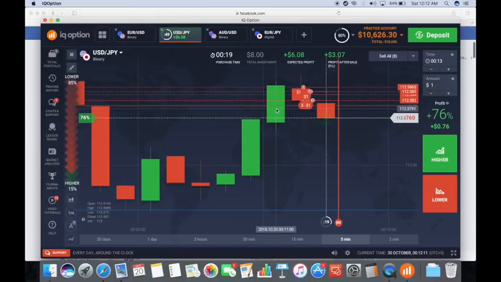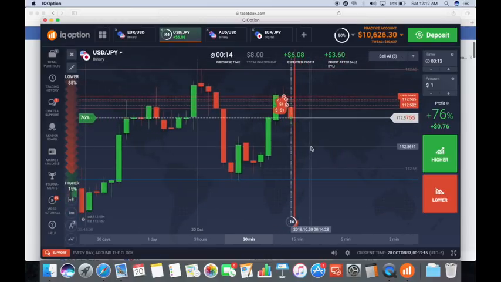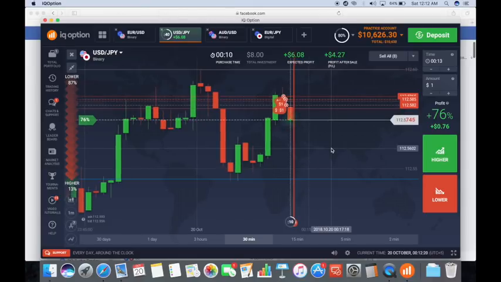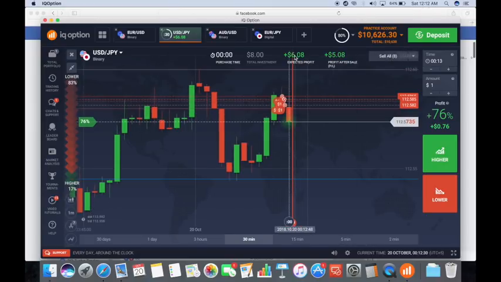Now if you zoom in, you see total investment 8. I wanted to do like 10, but it's okay. You can also sell manually, but you will book lesser profit. I mean, look at that.